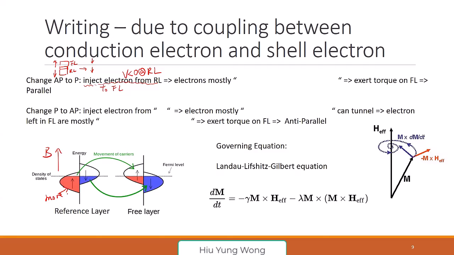Or just think about the nature: I inject electrons from the reference layer, so I have more electrons that align with the direction of the reference layer. Make sense? So electrons mostly align with the reference layer magnetization, right? Because it has more. So suddenly I flood a lot of electrons in the direction of the reference layer into the free layer. And then what happens?